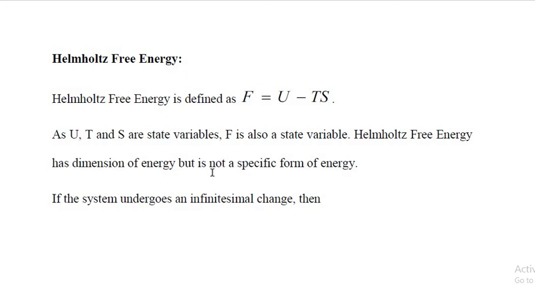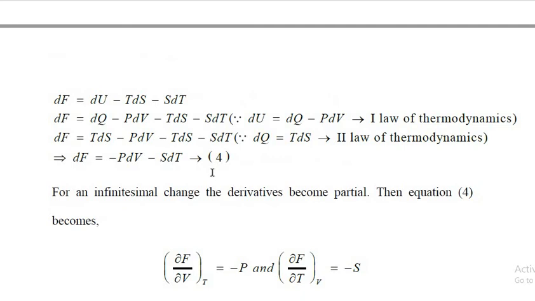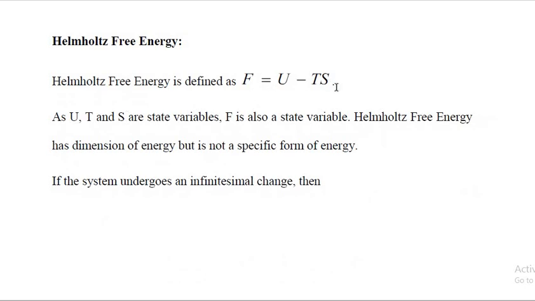And if the system undergoes an infinitesimal change, then dF is equal to dU minus TdS. Here you have to do the differentiation for infinitesimal change. dF is equal to dU minus T dS minus S dT.